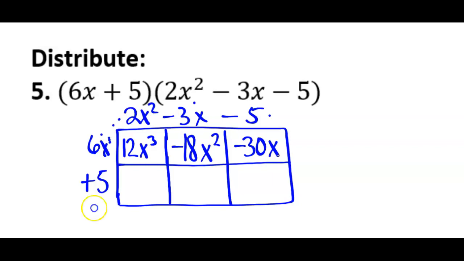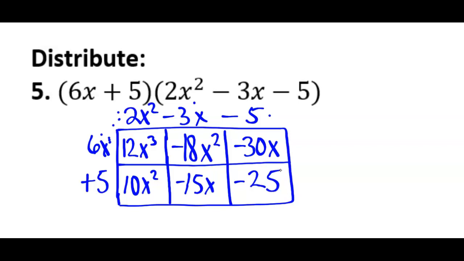Okay, now I need to do my bottom number. 5 times 2x squared gives me 10x squared. Be careful of your signs here. 5 times negative 3 gives me negative 15x. And 5 times negative 5 gives me negative 25.